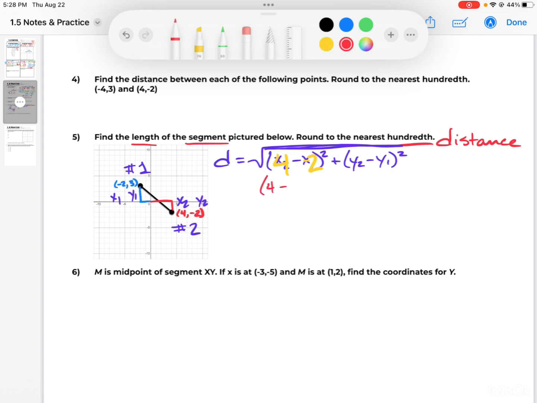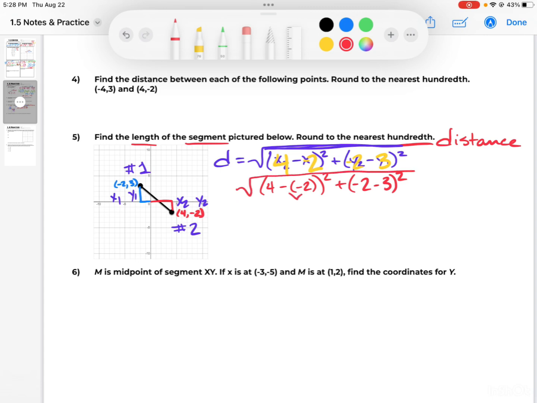So just to rewrite that, I've got 4 minus negative 2 squared plus, and then over here for my y2, I've got negative 2 minus y1, which is 3. So to rewrite that, negative 2 minus 3, I'm going to be squaring both of these and then finding the square root.